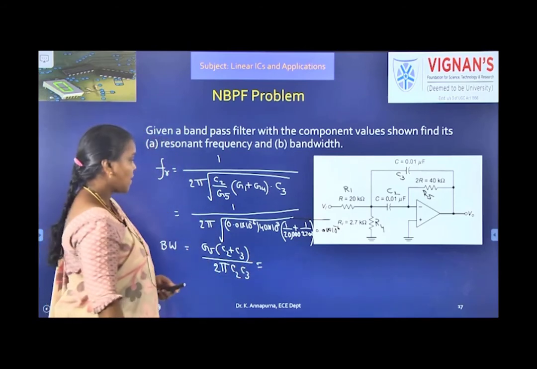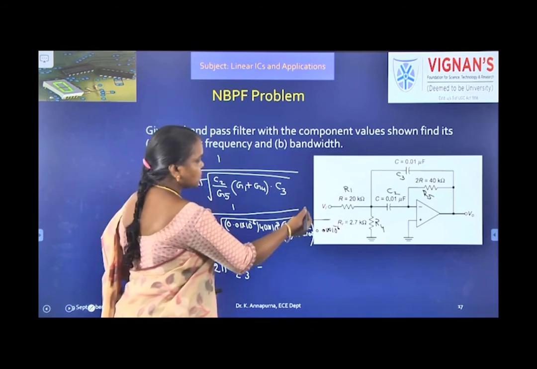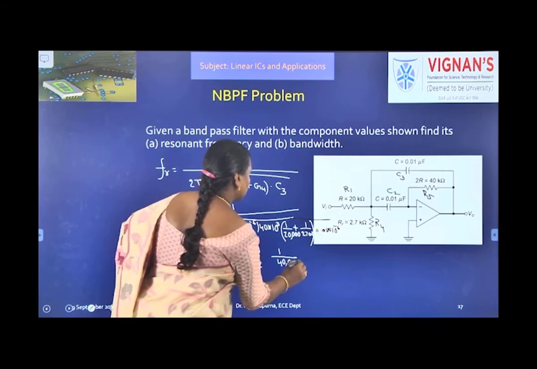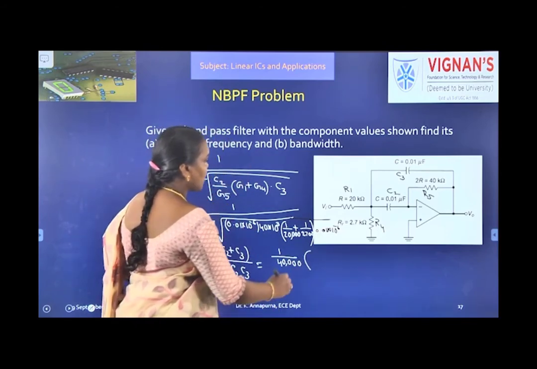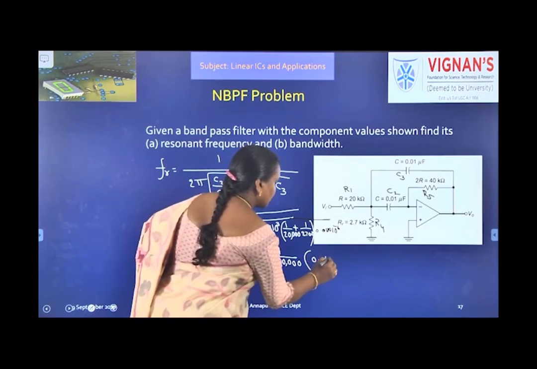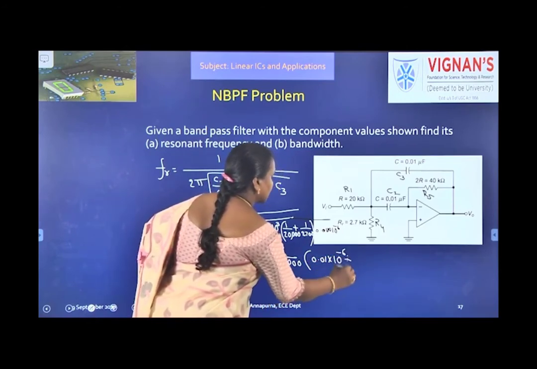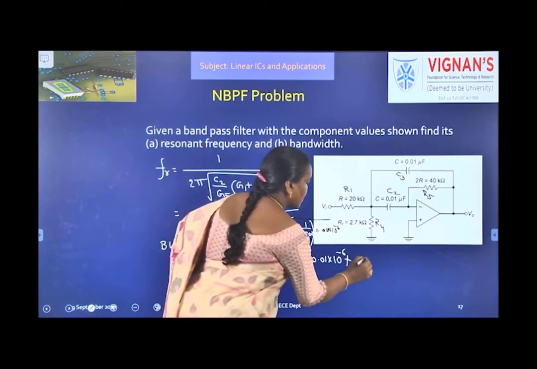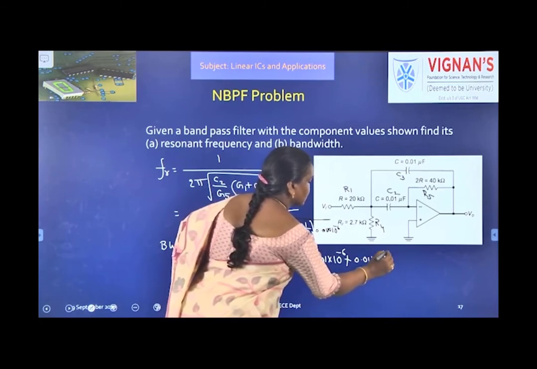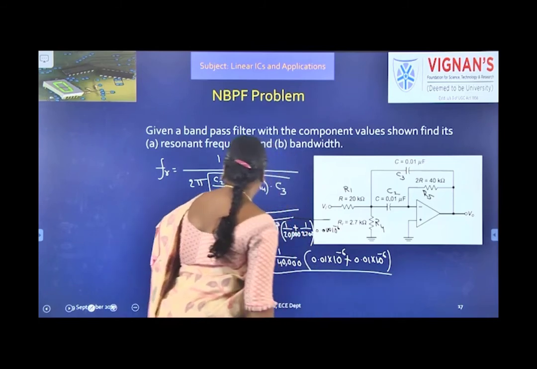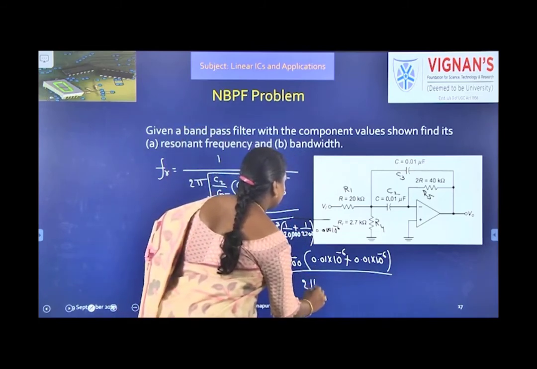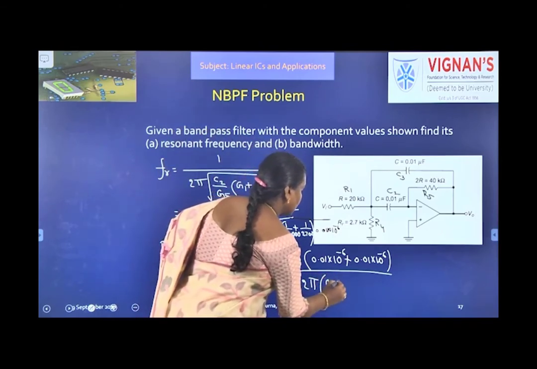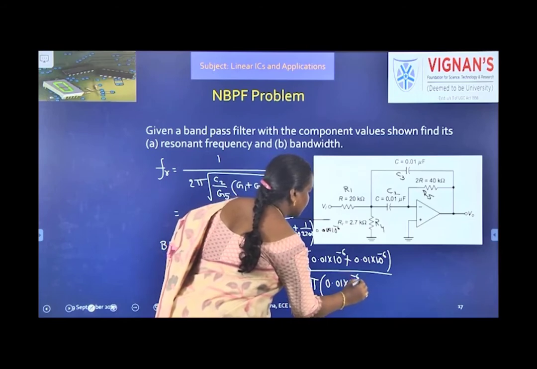G5 is nothing but 1 by R5, so 1 by 40,000 into C2 is 0.01 micro, so 0.01 into 10 power minus 6, plus C3 is 0.01 micro, so 0.01 into 10 power minus 6, by 2 pi into C2 C3, so 0.01 micro into 0.01 micro.